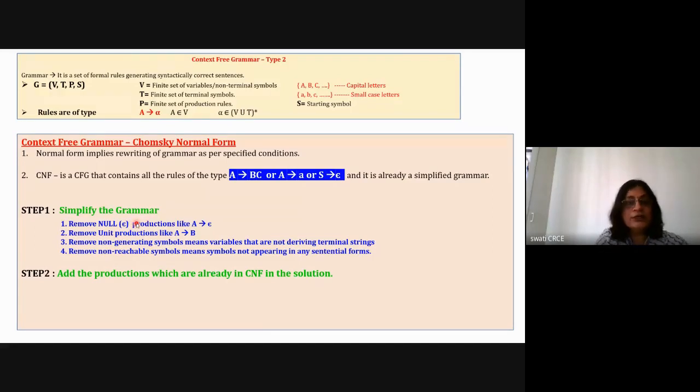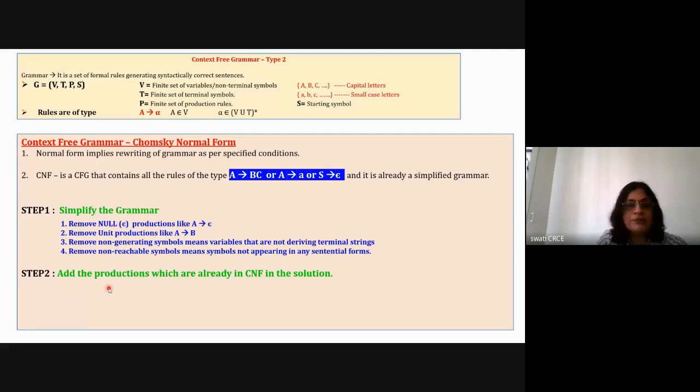In CNF conversion, the first step is to simplify the grammar. And what are the steps of simplification? First remove epsilon productions, remove unit productions, remove non-generating symbols, and remove non-reachable symbols. So do that.